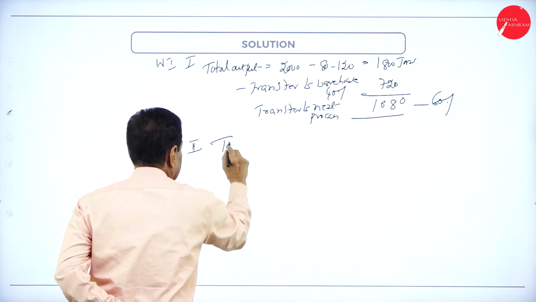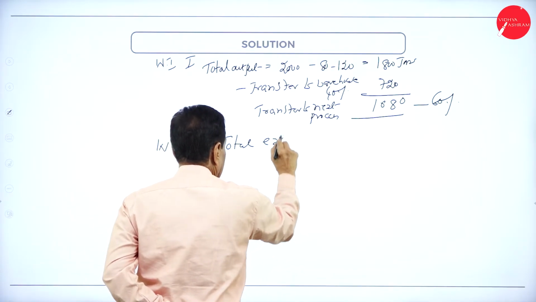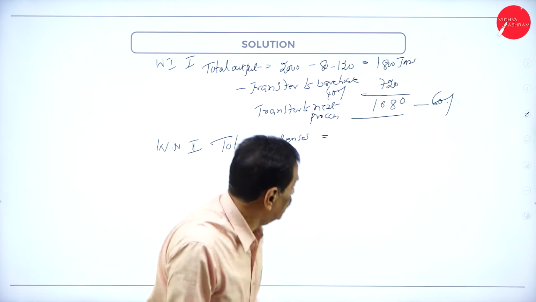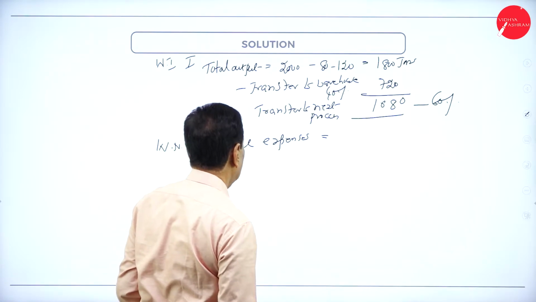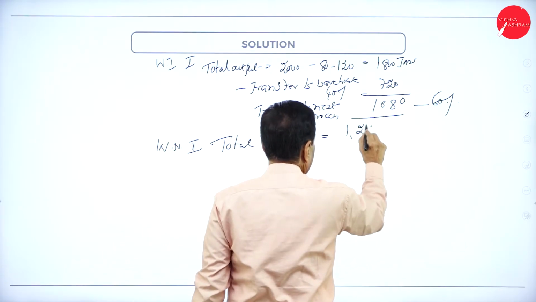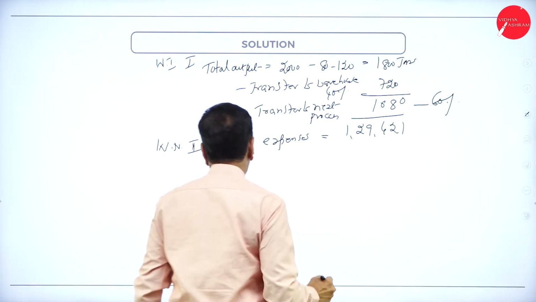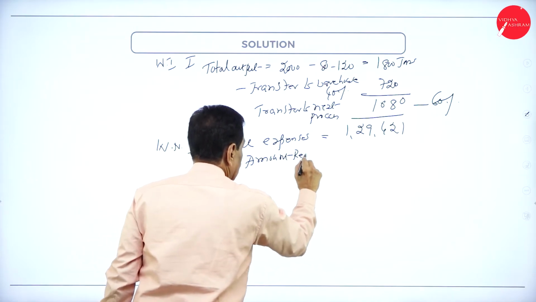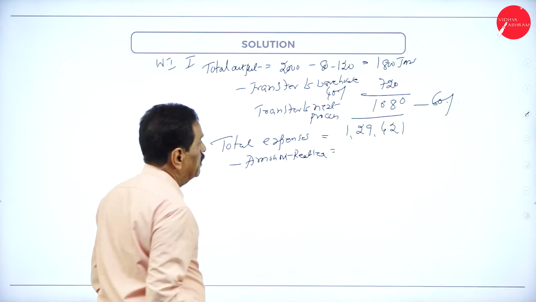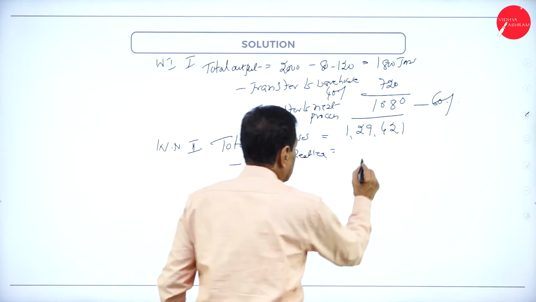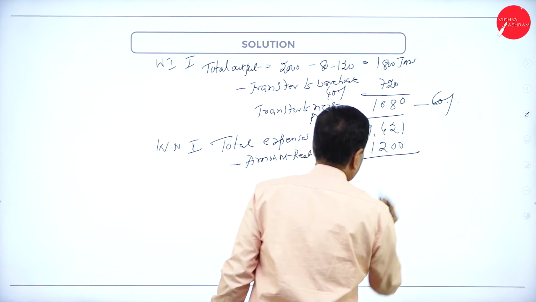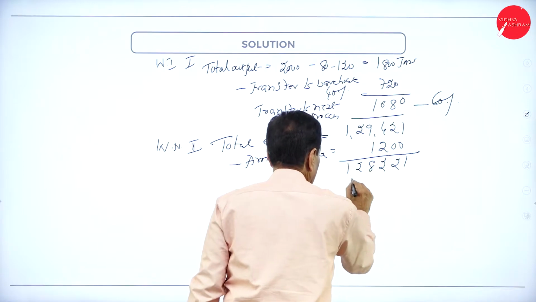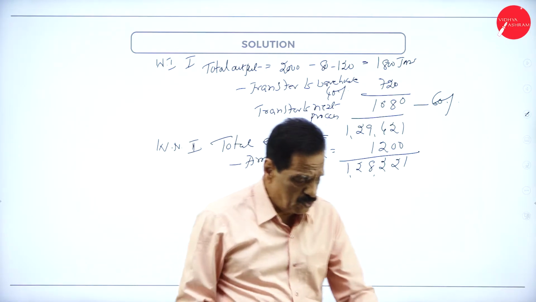Total expenses is equal to 1,29,421 minus amount realized 1,200. Deduct: 1,28,221.